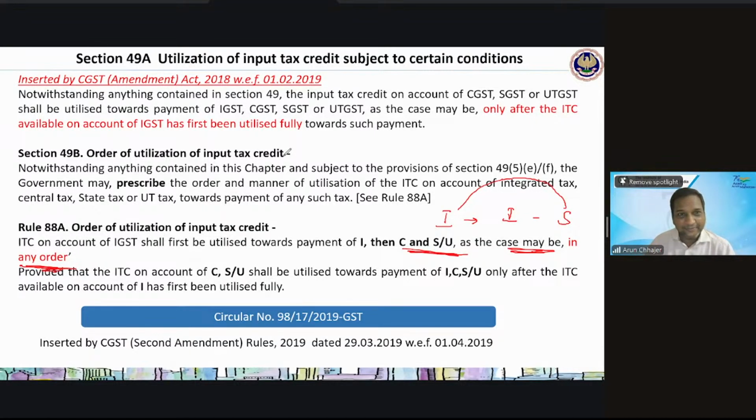Now the answer is yes. Can they give to S? Yes, what is the problem? Rule 88A is being prescribed in the 49B, and 49B overrides the entire chapter. Therefore, whatever the order given by rule 88A, we will follow that.